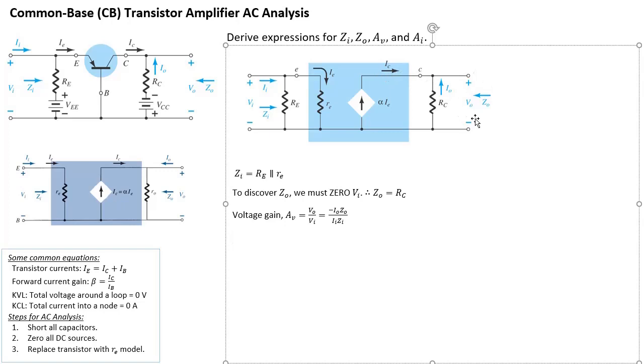Since there's no other load here, all of that is just going to flow through RC in the opposite direction of IO, right? So therefore, I can write here, IO is going to be equal to negative alpha IE. So that's basically what IO is.